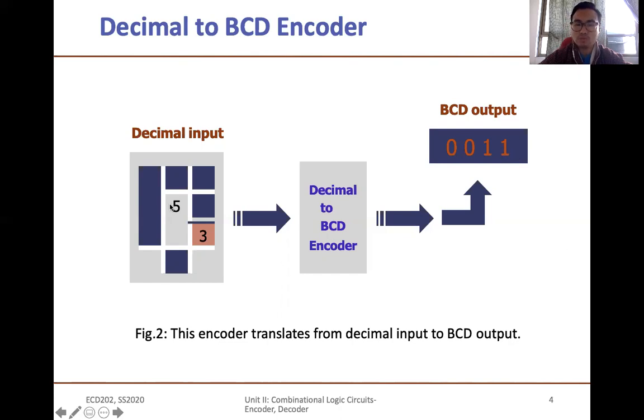Now suppose you select 5 and feed it to this encoder, then your BCD output will be 0101, which means the equivalent decimal number is 5. So in the name itself, it says decimal to BCD encoder. Therefore, this type of encoder will convert a decimal number to BCD output.